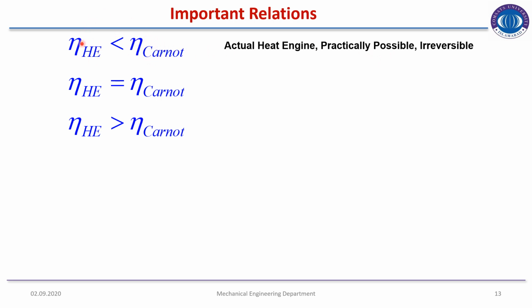than the efficiency of other or practical heat engines that are available in the market or that we make in physical life. So in practical life, the efficiency of a heat engine is less than the efficiency of a Carnot heat engine.